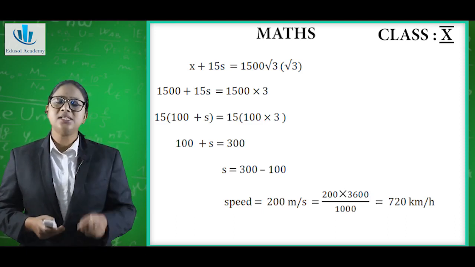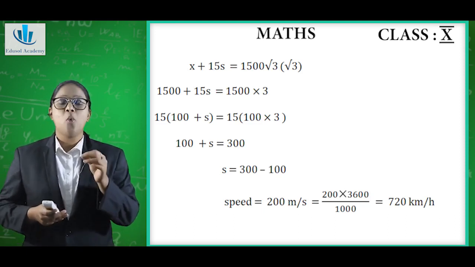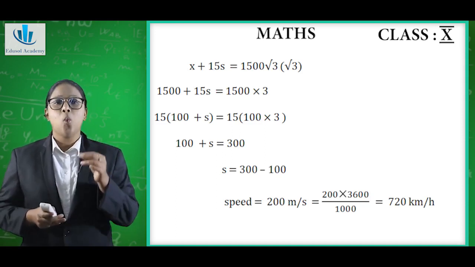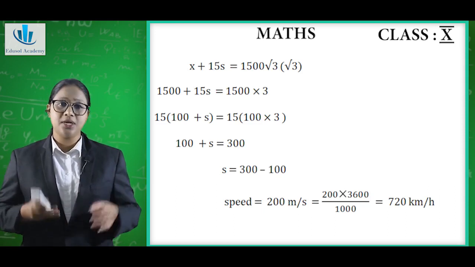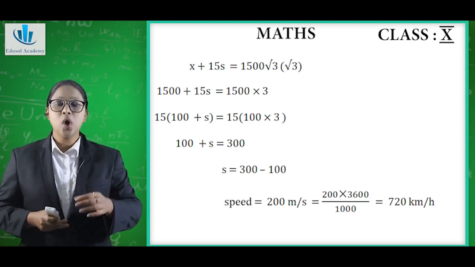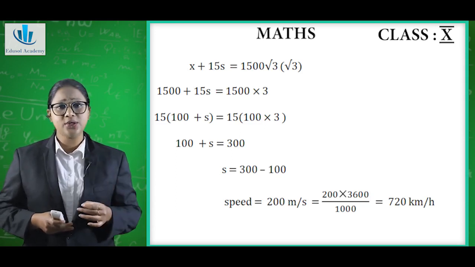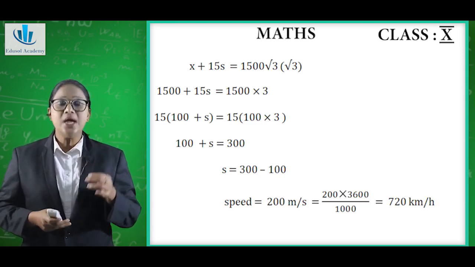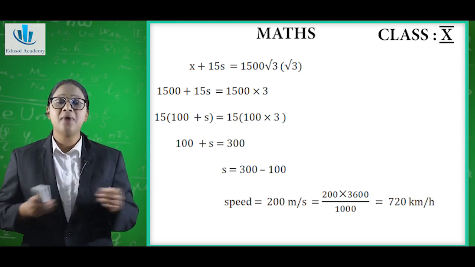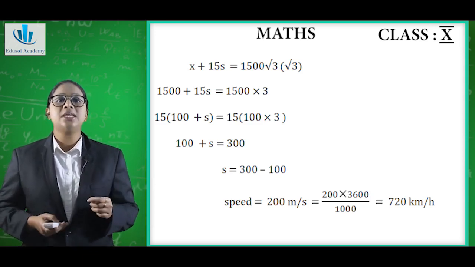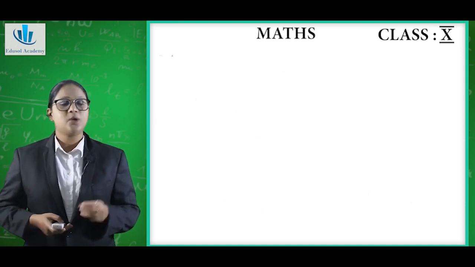We know that 1 hour has 3600 seconds and 1 kilometer has 1000 meters. So to convert 200 meter per second to kilometer per hour, the calculation is 200 into 3600 divided by 1000 and we will get 720 kilometer per hour.